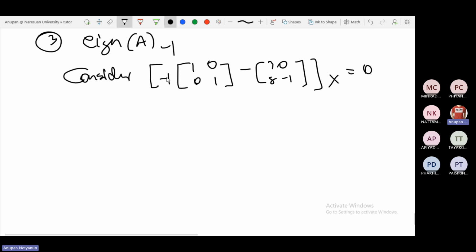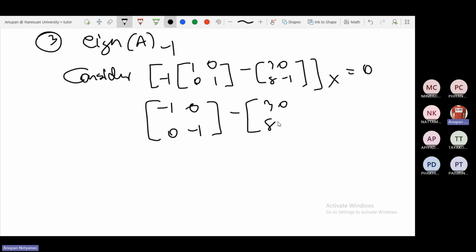So you distribute negative 1 inside: [-1 0; 0 -1] minus [3 0; 8 -1], x equals 0.